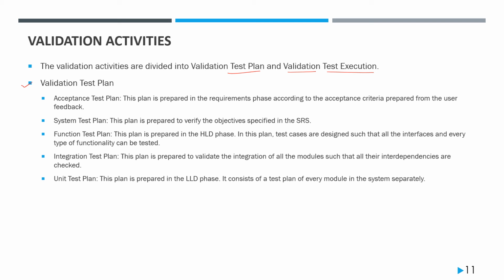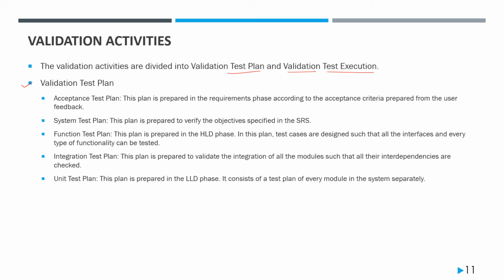For preparing validation test plans, the tester must understand the current SDLC phase and study the relevant documents in the corresponding SDLC phase. On the basis of this understanding, the tester must prepare the related test plans, which are used at the time of validation testing. Under test plans, they must prepare a sequence of test cases for validation testing.